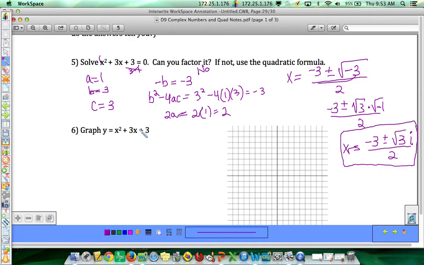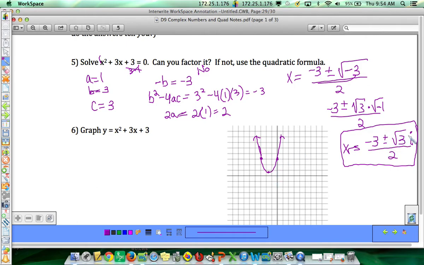Okay, I'd like you to try to plug this equation into your graphing calculators and take a look at it. When you graph it, you should be getting a graph that looks something like this. Okay, and you'll notice when you graph that equation, there are no x-intercepts because our roots, our solutions, are not real numbers.